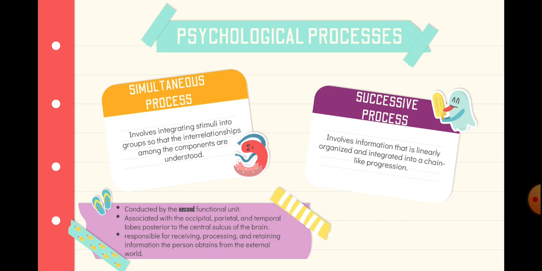And it is responsible for receiving, processing, and retaining information the person obtains from the external world. So after we decided we have put our attention on one multidimensional stimulus, then the next part is we process it in the second functional unit. So we can process it in two ways.